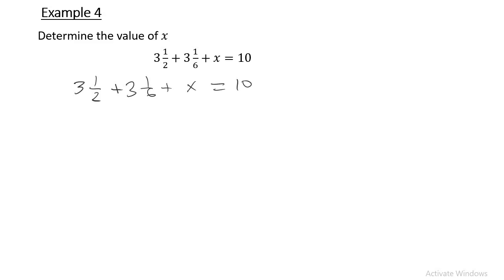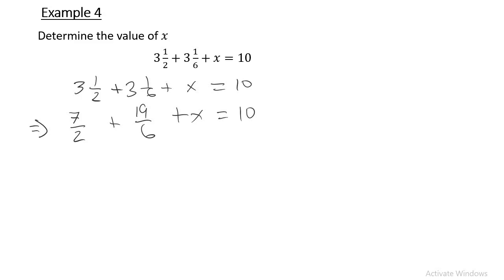Okay, now let's change the mixed fractions to improper fractions. So we will have 3 times 2 plus 1, that would be 7 over 2. 3 times 6 plus 1, that would be 19 over 6. And plus x equals 10.